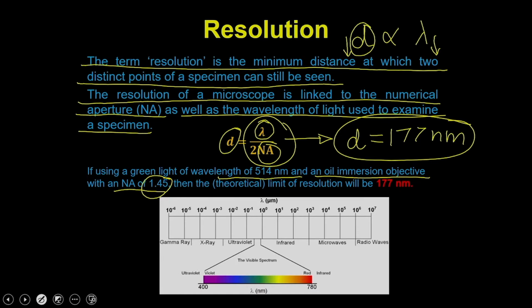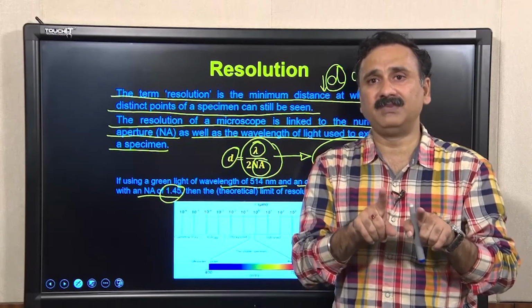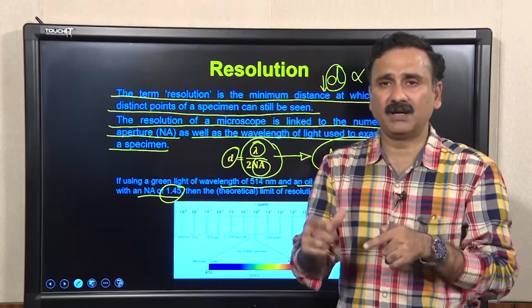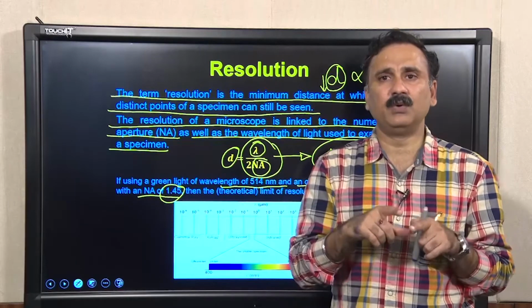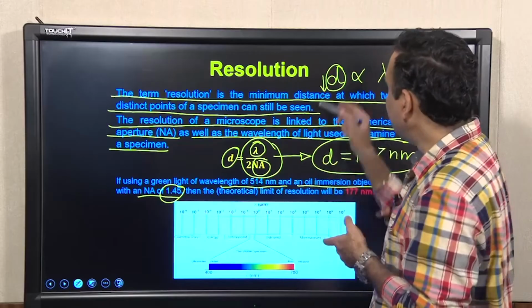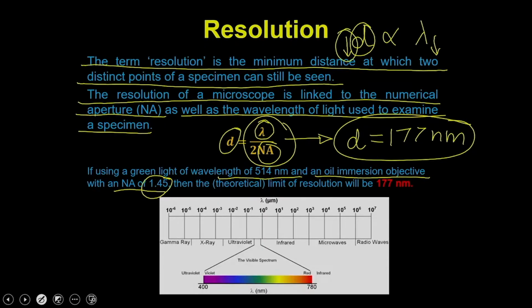If the two objects are 1 nanometer apart and I can see them distinctly, then the resolution of that microscope is better than a microscope which gives you a distance of 177 nanometer. So, a decrease in D should not be interpreted as a decrease in resolution. A decrease in D means there is an increase in resolution, and there are two ways in which you can do this.